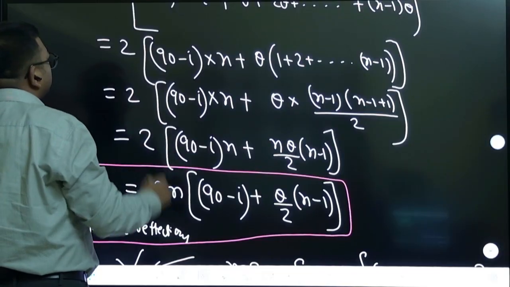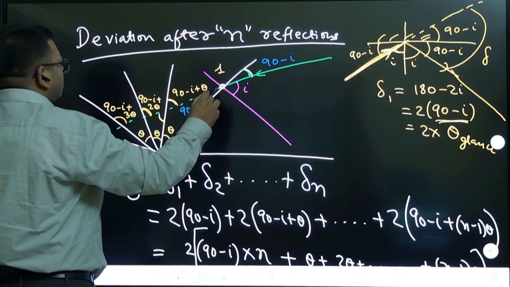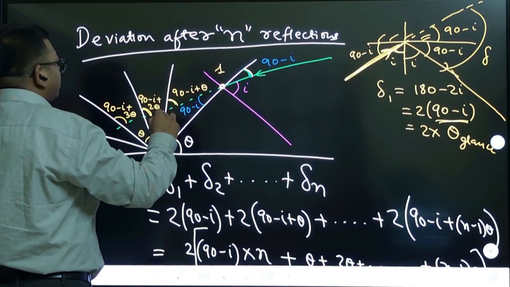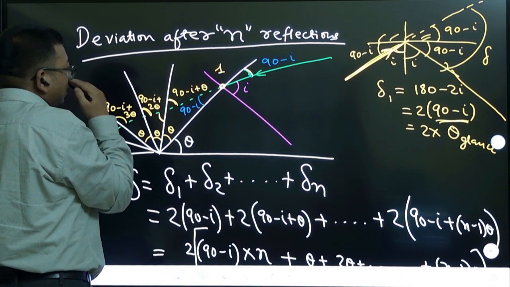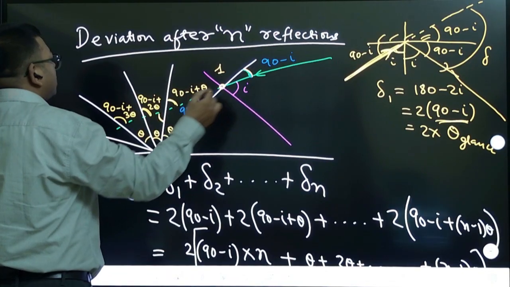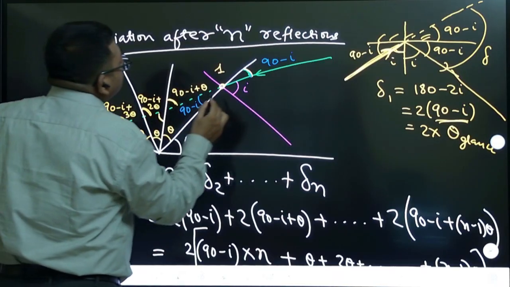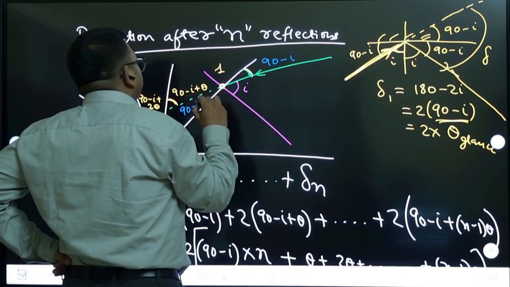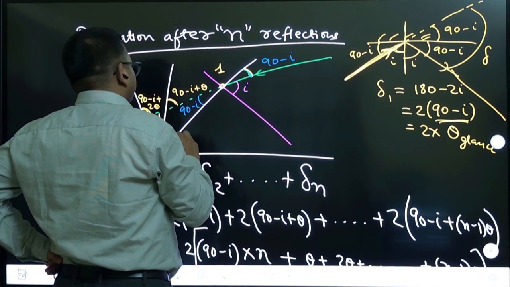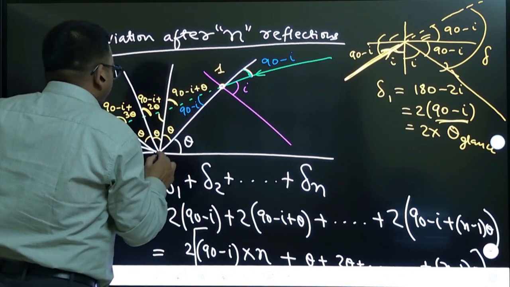So I think we need to check the derivation. What we have checked is the same place here also. The glance angle is this only, I think. This ray is coming and with this mirror it is making an angle. Is the calculation correct? Because this is i, this is 90 minus i, this is also 90 minus i, and this is also theta. This becomes 90 minus i plus theta, right?